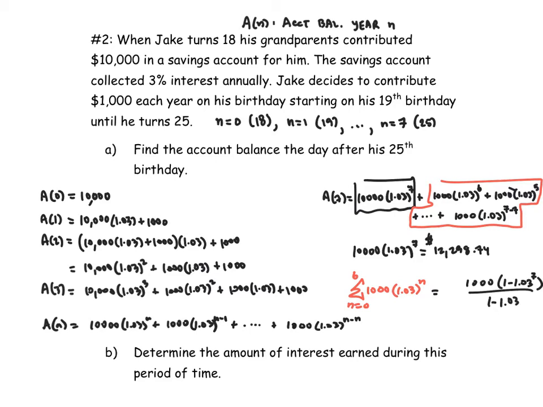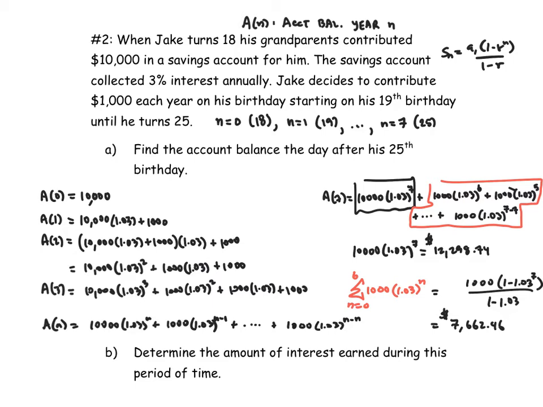That formula comes directly from the formula to find the sum of the first n terms of a geometric series, which is a1 times 1 minus r to the nth over 1 minus r. This comes out to be $7,662.46.